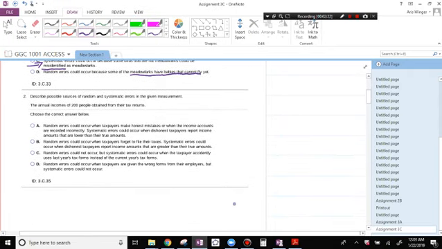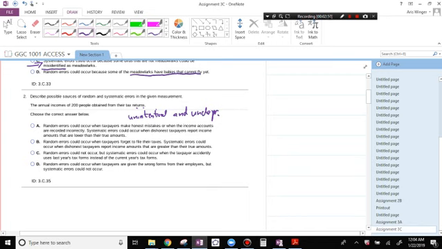Describe the possible sources of random and systematic errors in the given measurement. The annual income of 200 people obtained from their tax returns. Choose the correct answer below. Random errors could occur where taxpayers make honest mistakes. That would be unintentional and unpredictable, right?